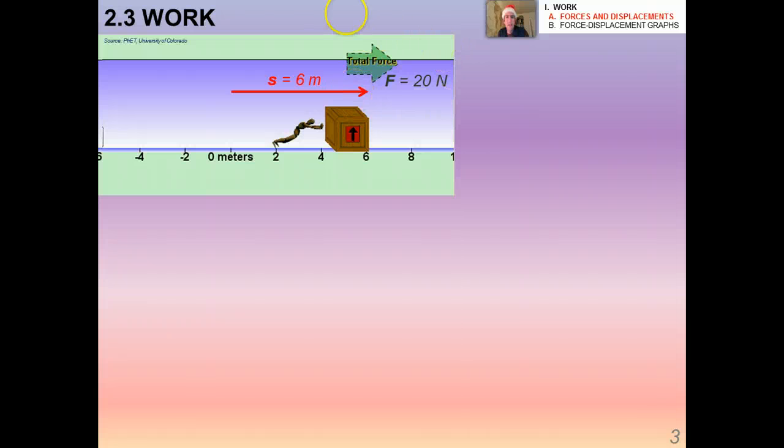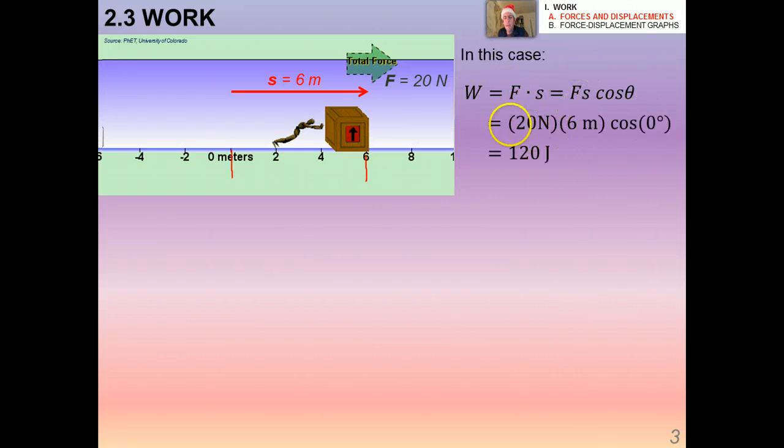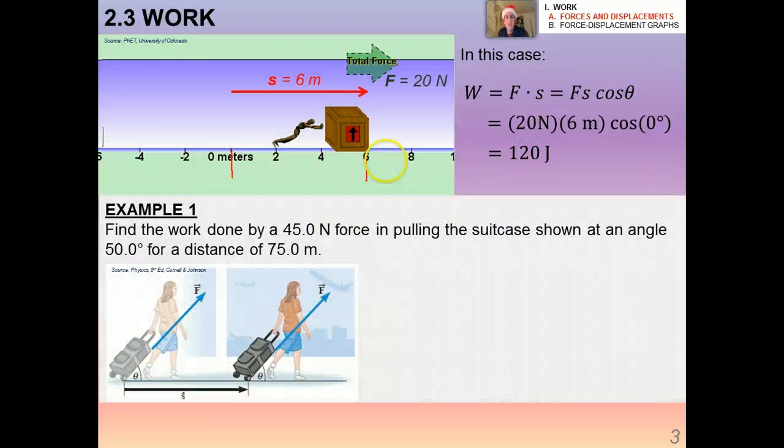So let's say that the total force is 20 newtons, and let's consider him moving it over a distance of 6 meters. In this case, W equals Fs cosine theta, which is 20 times 6 times cosine of 0, which is, of course, 1, which is 120 joules. So it's that simple, really. It's pretty easy. Really, all the IB kinds of questions that you'll get on work will be fairly straightforward.